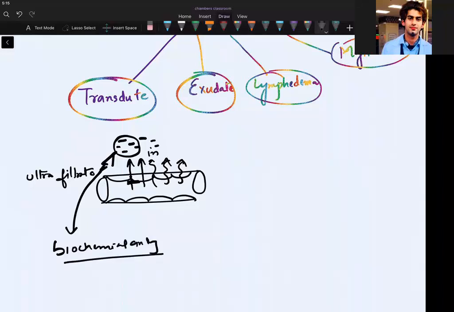I want to see how much protein it has. Transudate passed directly through this vessel. There was no inflammation with vasodilation and loosening of the cell junctions, so the cells could not pass; diapedesis of WBCs did not happen. Under biochemical analysis, it is very poor in proteins, less than 3 gram per deciliter.